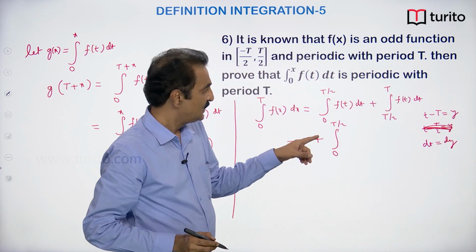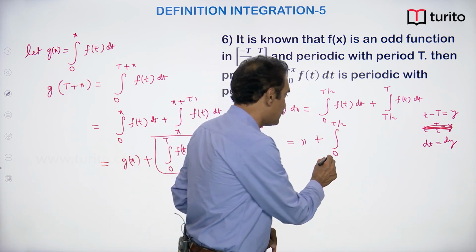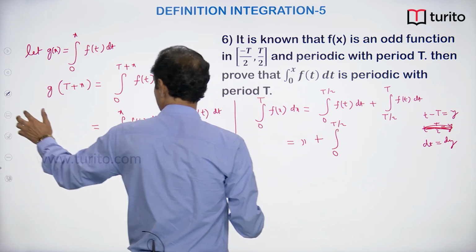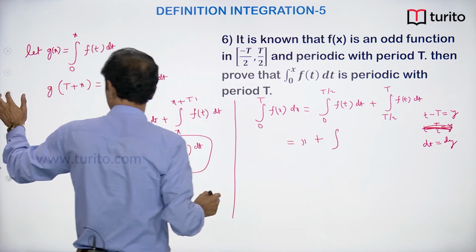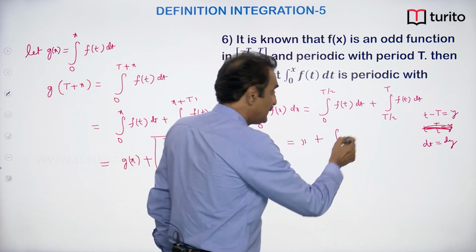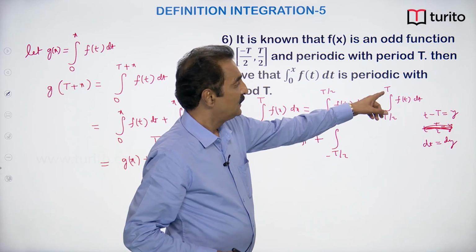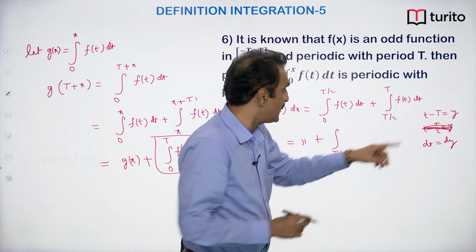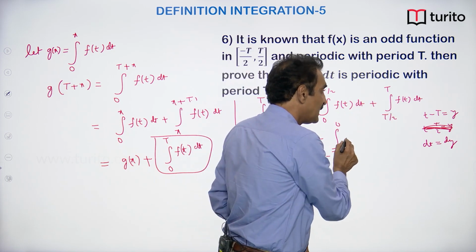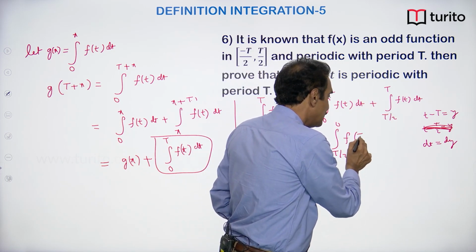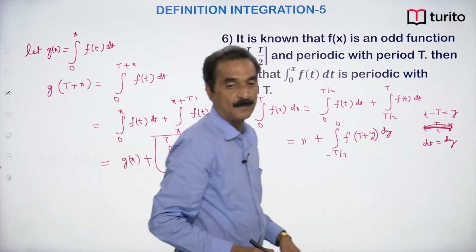Then if small t is equal to T by 2, y will be equal to minus T by 2. If small t is equal to capital T, y will be 0. Then it will become f of T plus y dy.